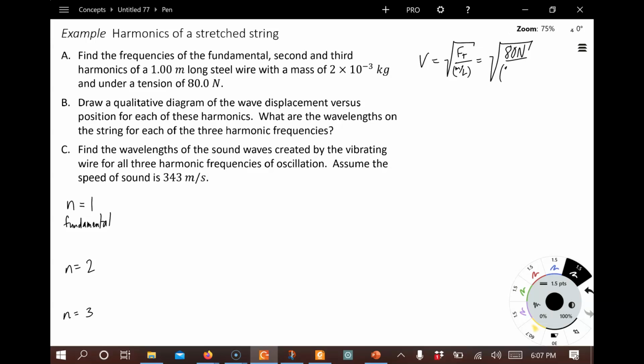So that's 2 times 10 to the minus third kilograms divided by 1 meter. And when we put those numbers into the calculator, we get 200 meters per second.